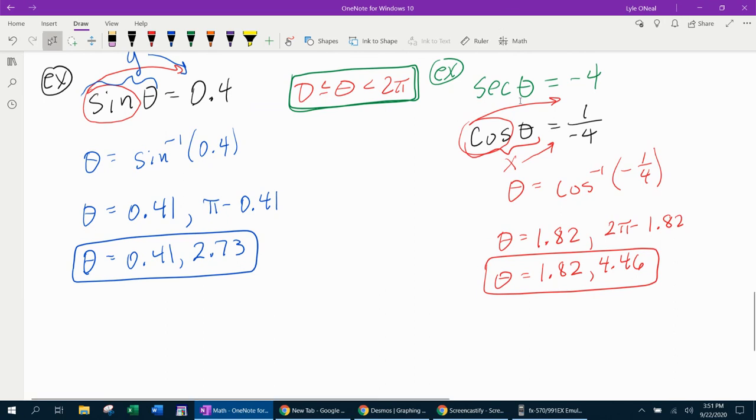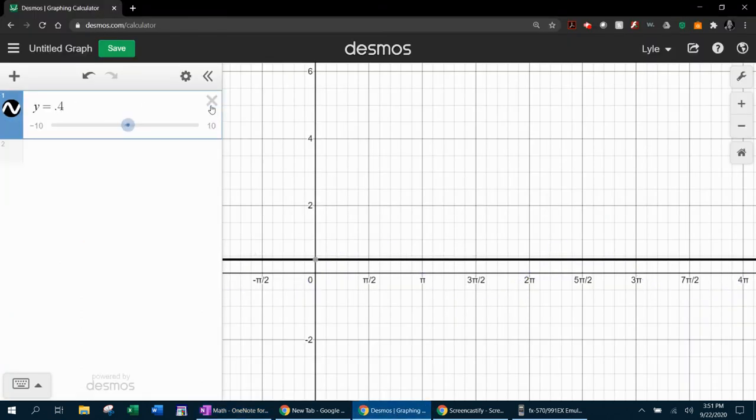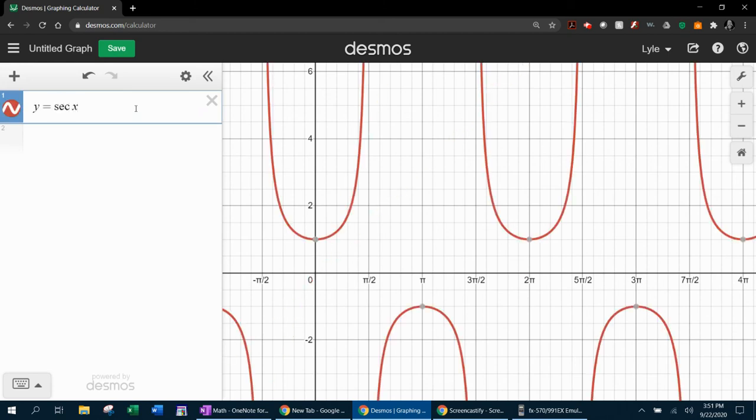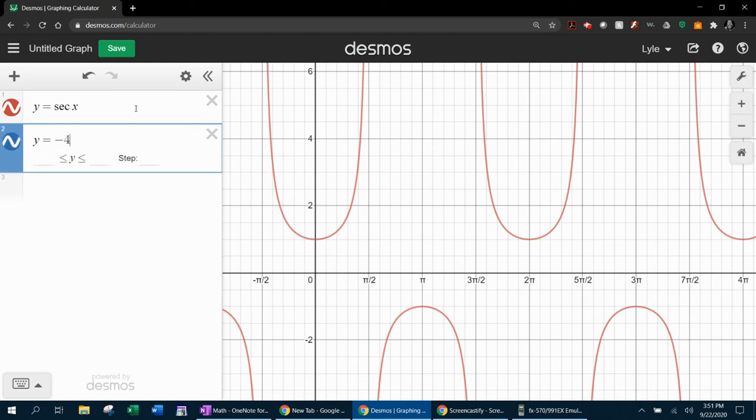So we want to graph secant of theta equals -4 in DESMOS. We're going to check it with, you may be getting tired of seeing DESMOS. I never get tired of it. It's fantastic. All right. So here we have y equals secant of x. And we want to know where y equals -4. Now you may be wondering, where did the graph go?